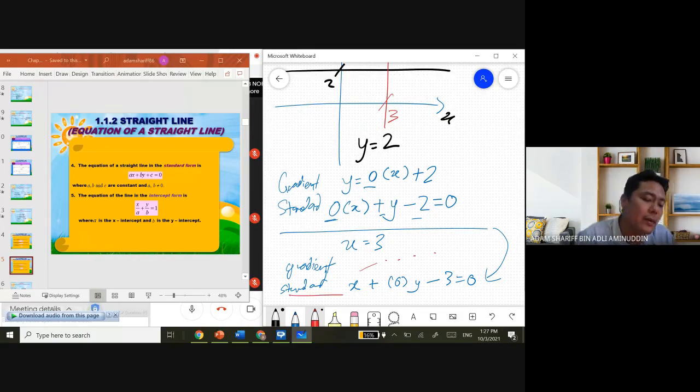Standard form solves this problem where every equation of a straight line can be put into a certain equation. Gradient form tak boleh, saya rasa, based on saya punya pertunjukan di sini. If x equals to 3, the gradient is undefined. Jangan kata gradient dia tu ada nilai yang besar, dia mungkin infinity, approaching infinity, approaching limit, but it will never reach that point.